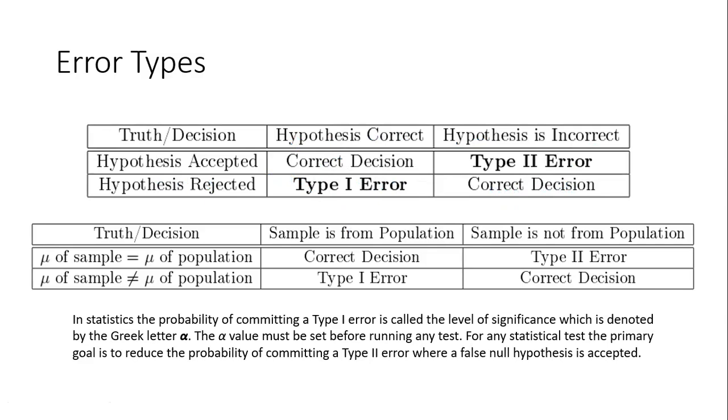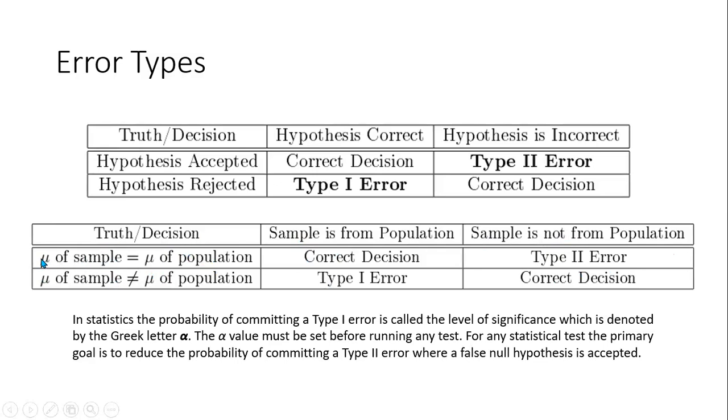Now, we don't have time for a detailed discussion of this, but that is why I've put in an example right over here, where I have said that the truth is either the sample is from the population or the sample is not from the population. But somehow there are two decisions.